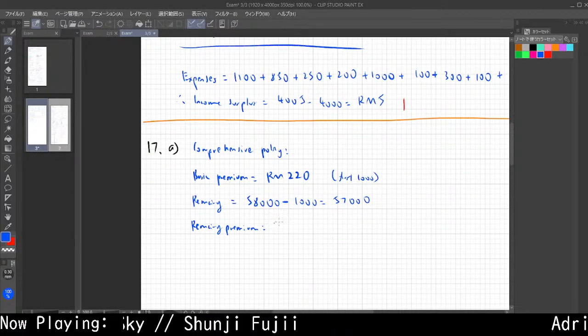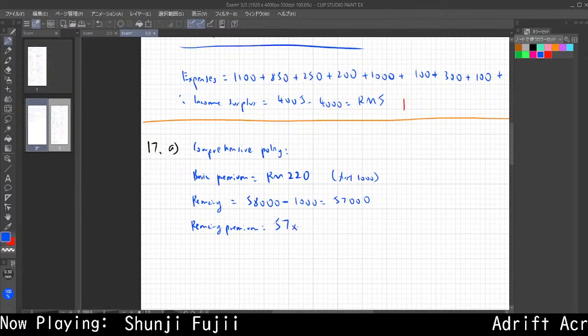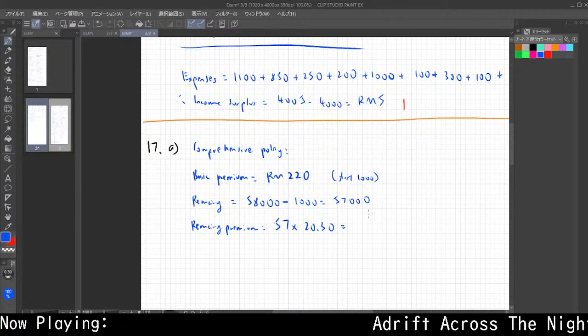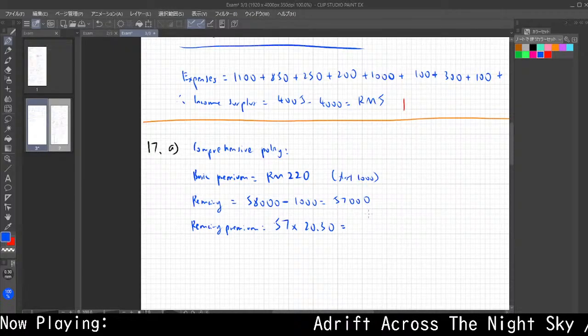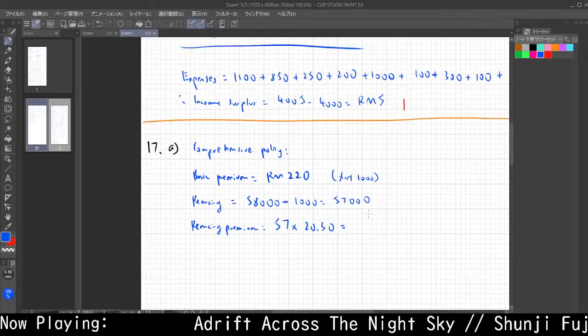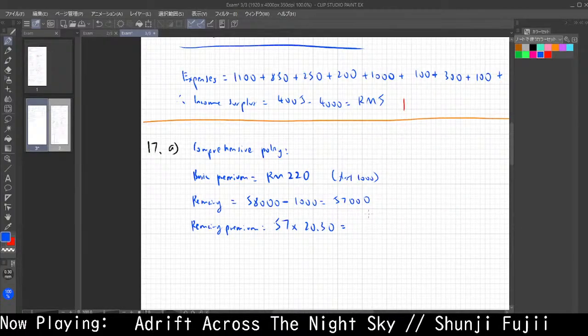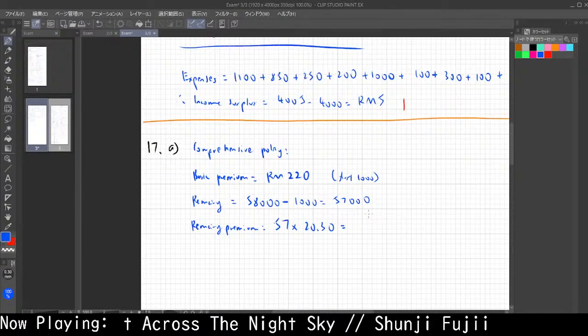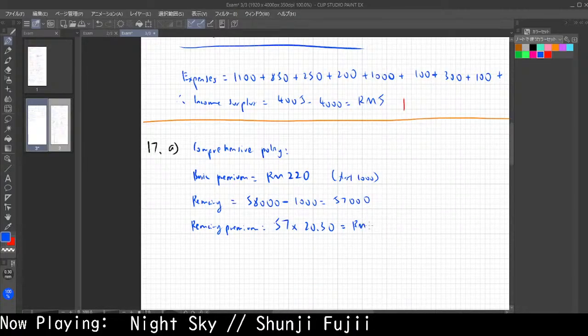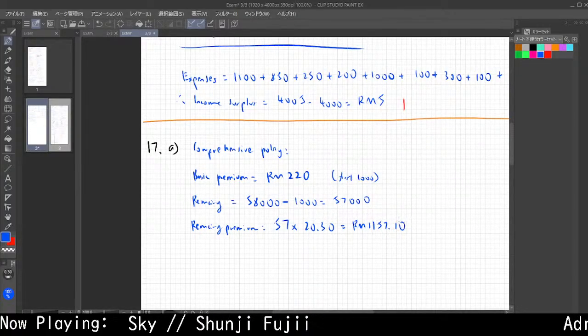So you want to take 57 multiplied by 20.3. Let me get my calculator. 57 times 20.3, you get RM 1157.10.